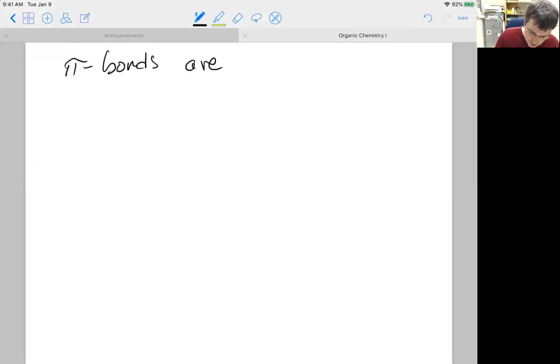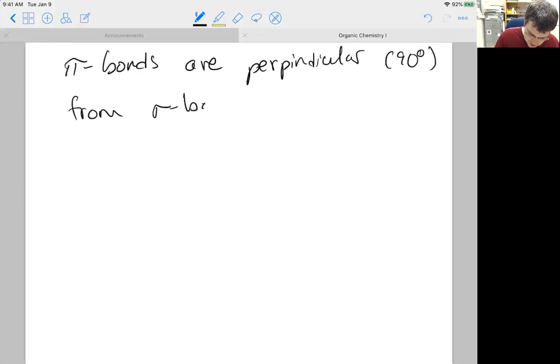are perpendicular, that is to say 90 degrees, from sigma bonds. Okay?